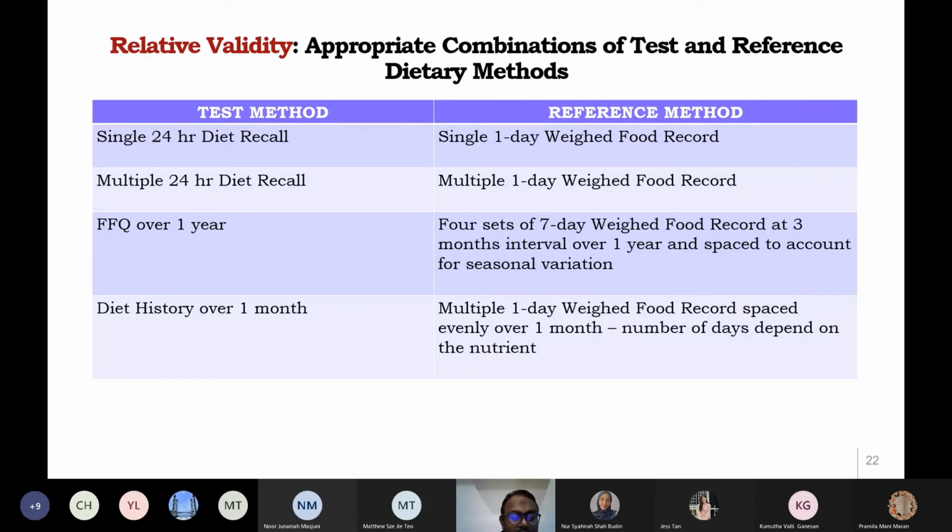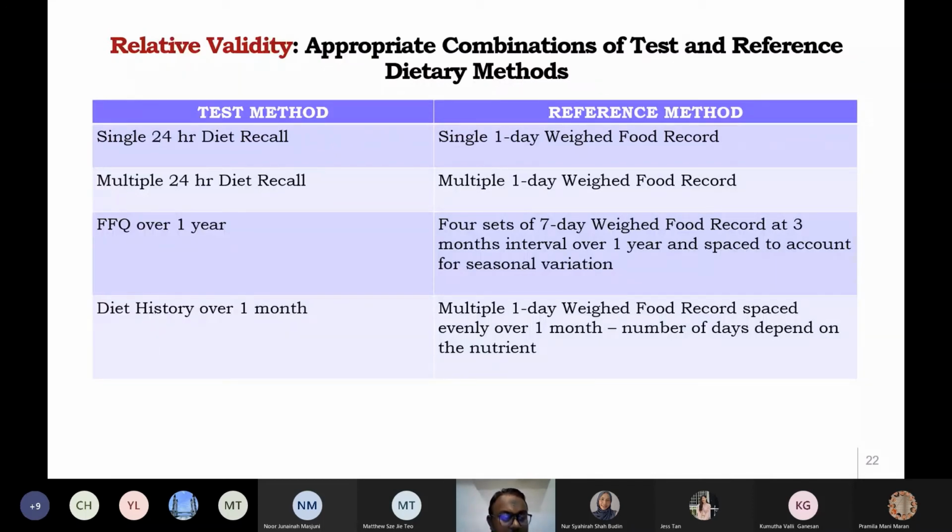If you are interested in testing diet history over a month as your test method, your reference method is multiple 1-day weighed food records spaced evenly over 1 month. The number of days actually depends on the nutrient, which we'll see after this. If you are doing a diet history over a month, all your weighed food records should be spaced evenly in a month.